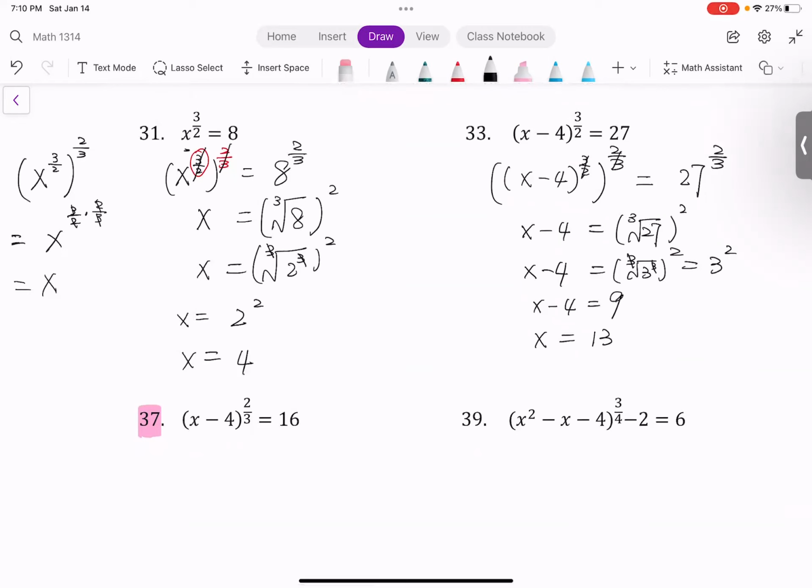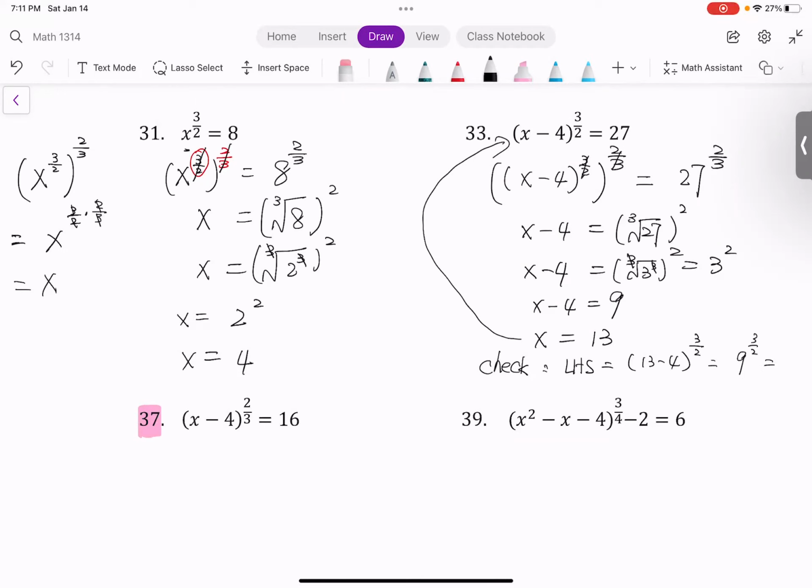You can also check your solution if you're not sure about it. If x equals 13, you put it back into the left-hand side. The left-hand side equals 13 minus 4 to the 3/2. That is 9 to the 3/2.